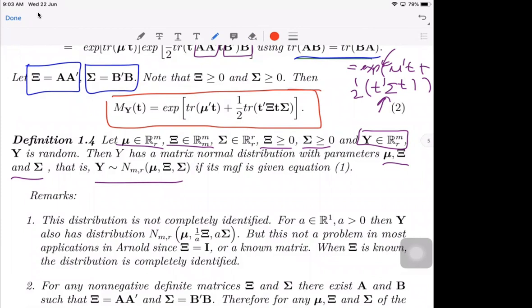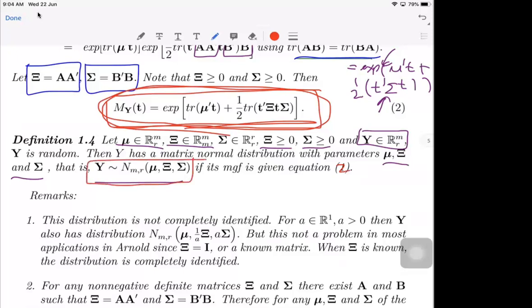It is unique for a specific matrix. So if the moment generating function, this should be 2, is given by this, then your random matrix there, in this case y, will be normally distributed with these parameters.